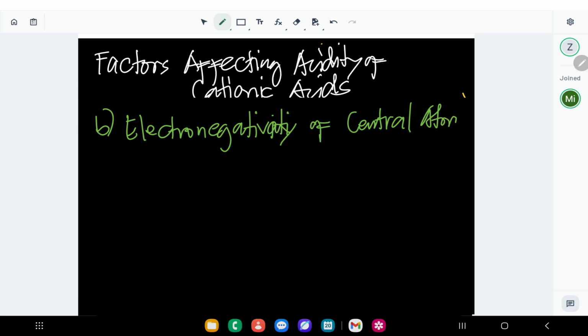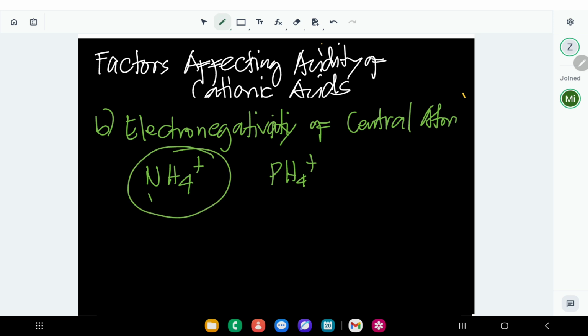A more electronegative central atom holds on to electrons more tightly, making the bonded hydrogen more positive and easier to lose. Say for example, you have the ammonium ion and the PH4+ ion. Nitrogen here is more electronegative, right? Therefore, NH4+ is the stronger acid.